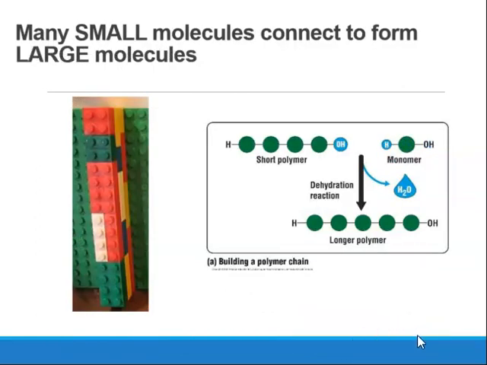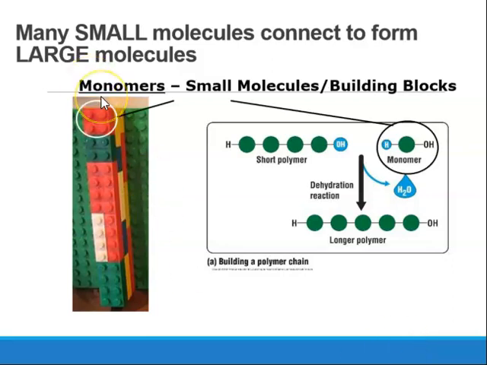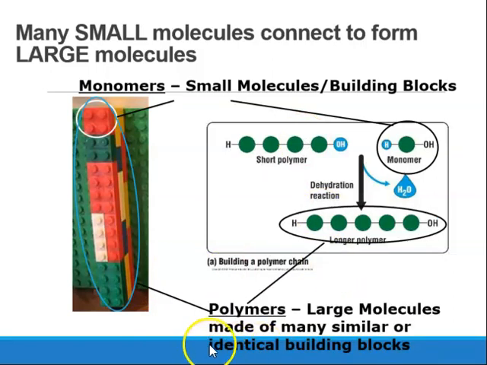We know that many small molecules will connect to form large molecules. These smaller molecules are known as monomers. So monomers are small molecules or building blocks for the larger molecules or macromolecules. Polymers, poly means many, are large molecules made of many similar or identical building blocks.